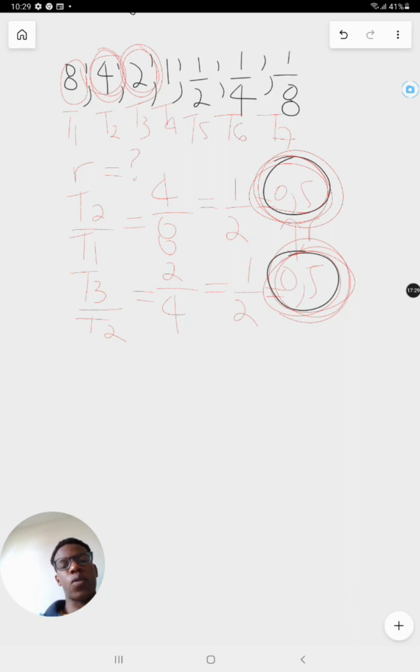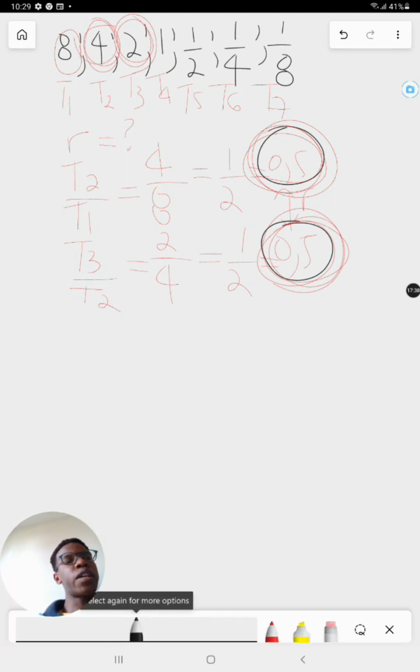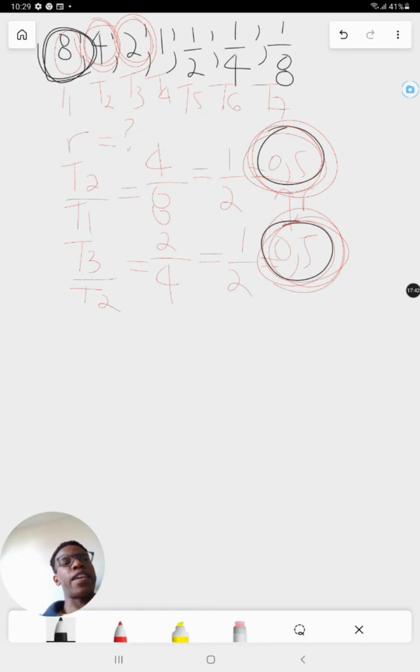Now back to this sequence that we're looking at here. Notice what's happening. Term 1 is 8. Term 2 is 4. Term 3 is 2.